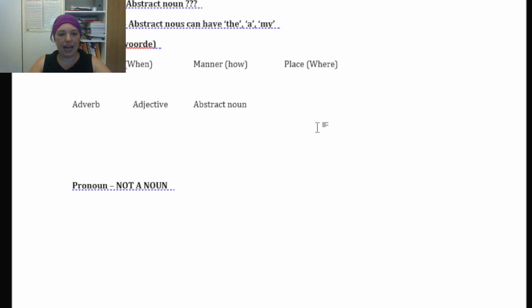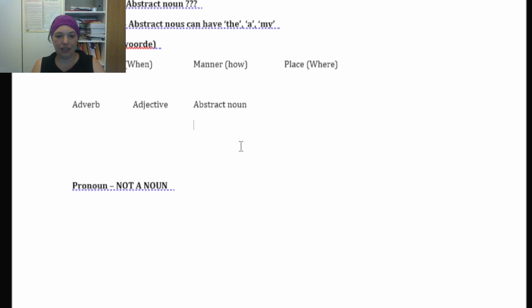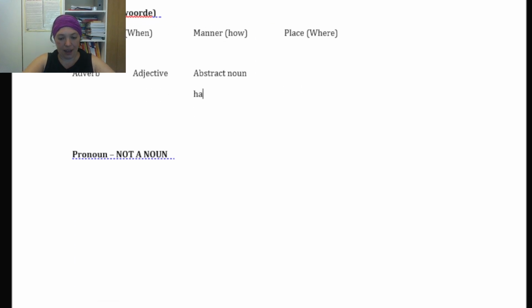So let's say we've got an abstract noun over here, happiness. So let's take that one. Happiness is an abstract noun because it's got a ness. What's the adjective? The adjective is happy.